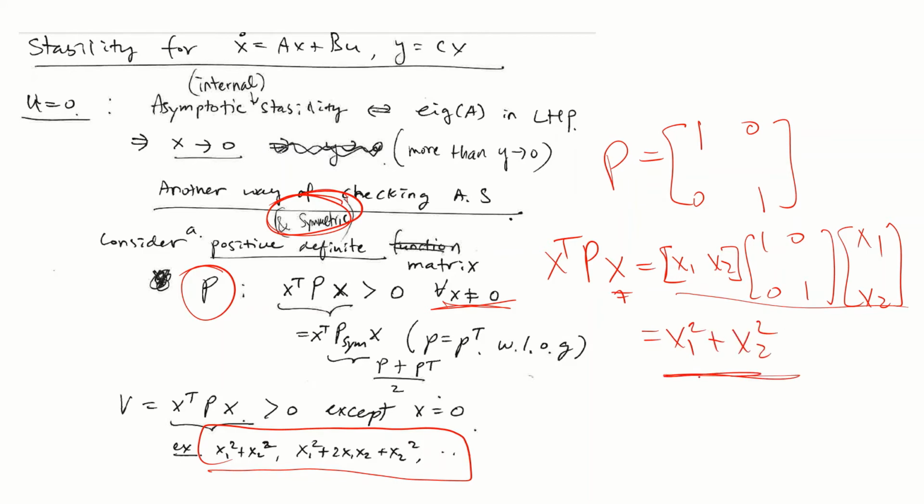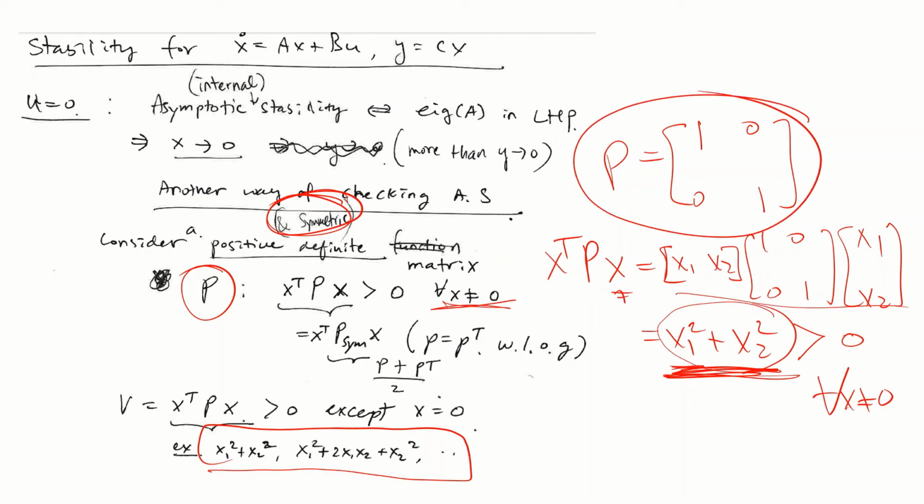And we know this is always positive for all non-zero x. If x1 and x2 are both equal to 0 at the same time, then this is going to be 0. But for all the other cases, this is always positive. So in that case, we call this P matrix positive definite.